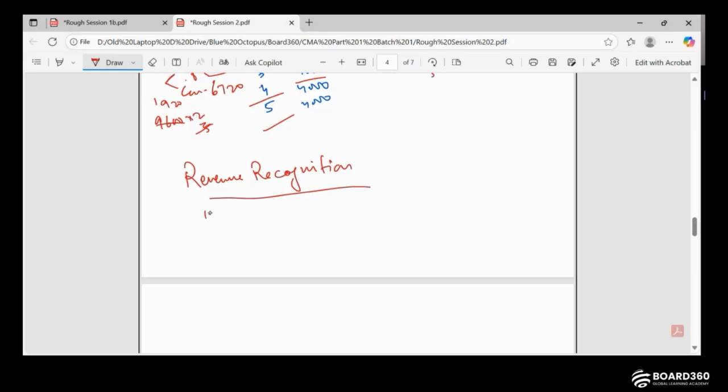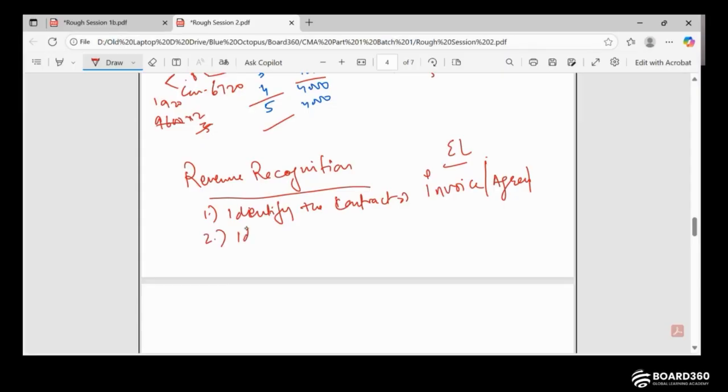So first step is identify the contract. So that can be like an invoice or an agreement or engagement letter, right? So whatever is mentioned in the contract that you have to sell and one has to pay will be given.